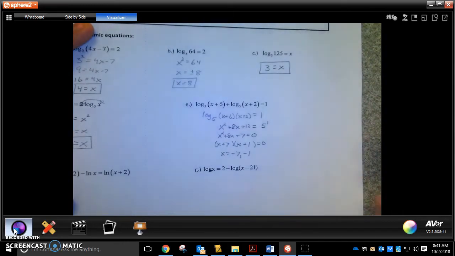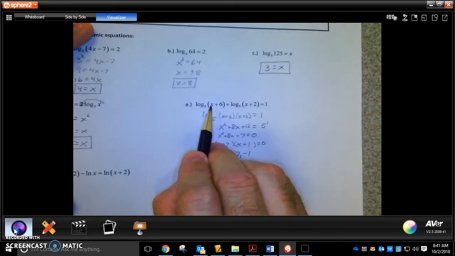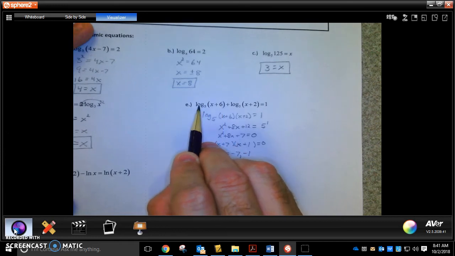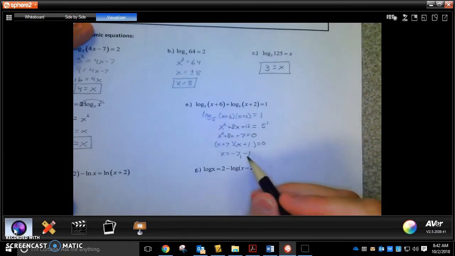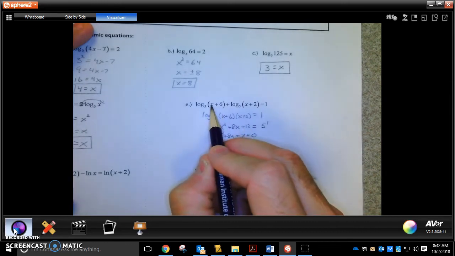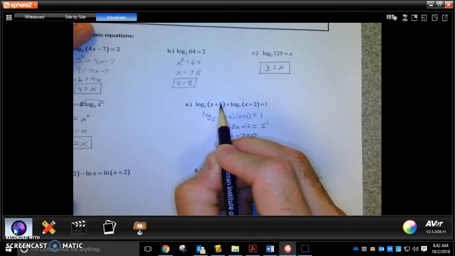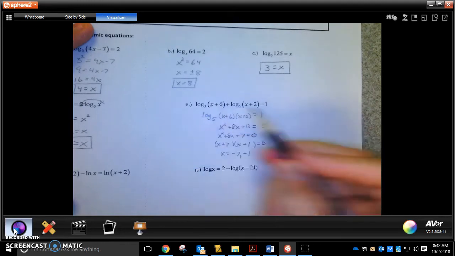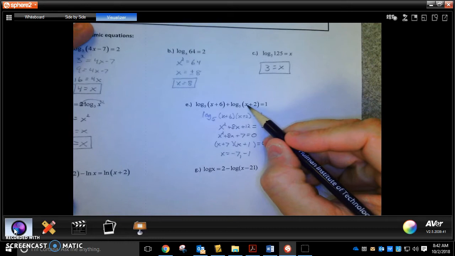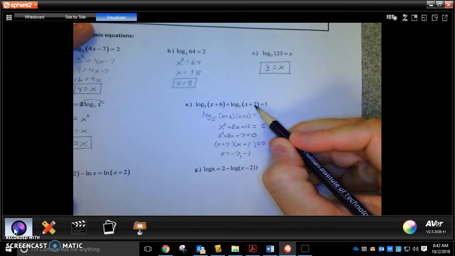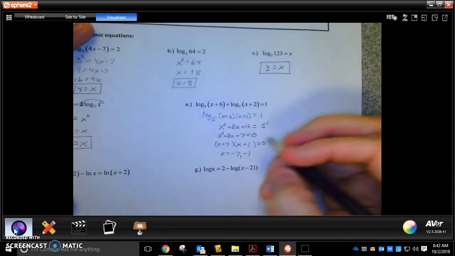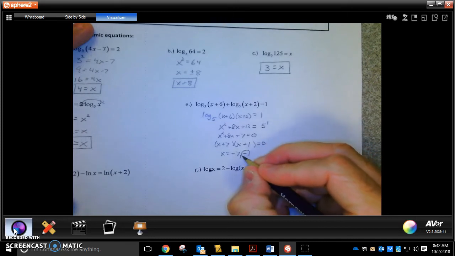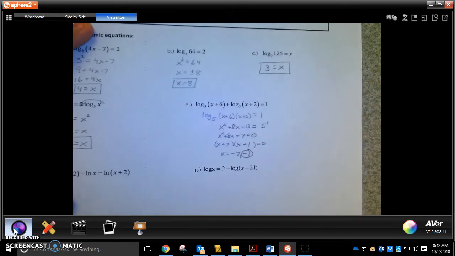But if you go back and look at the original problem, if I put a negative 7 right here, I'm going to get negative 7 plus 6, which is negative 1. I cannot take the log of a negative. If I put the negative 1 in, I'm going to get negative 1 plus 6, which is positive 5. That's okay. If I put the negative 1 over here, I'm going to get negative 1 plus 2. That's positive 1. That's okay. So the negative 1 actually works. That's our answer. The negative 7 does not.